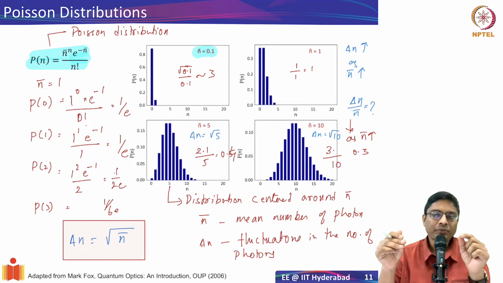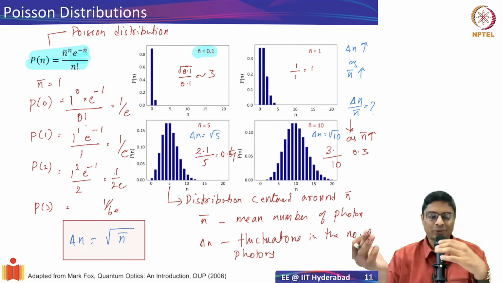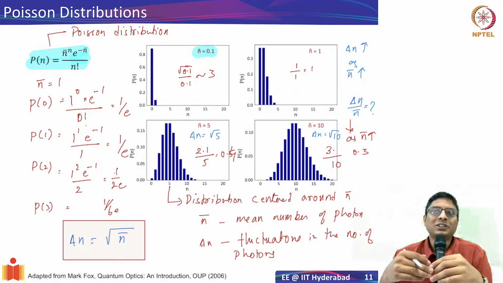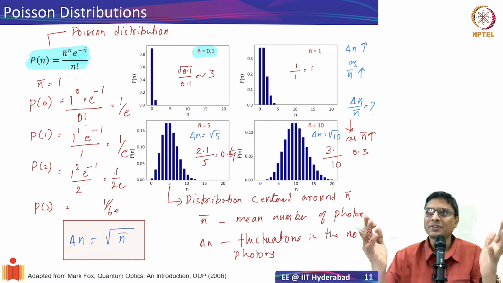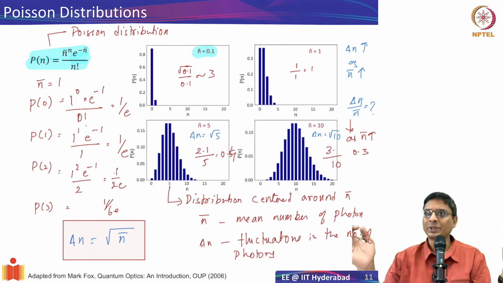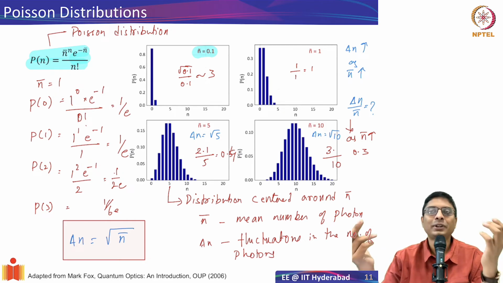So consider the case of 10 to the power 15 photons, where the average number of photons is 10 to the power 15. You are measuring for 1 second a 1 milliwatt laser beam with 10 to the power 15 photons in it. What is the fluctuation in the number of photons? Delta n is the square root of 10 to the power 15, about 3 times 10 to the power 7.